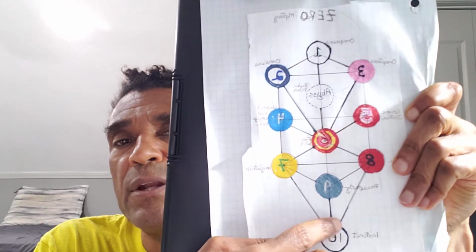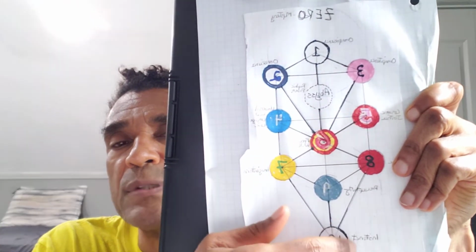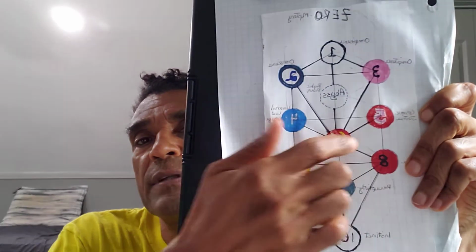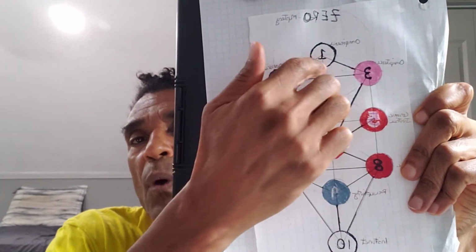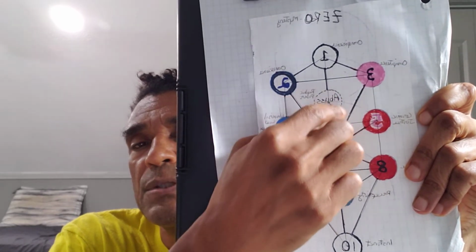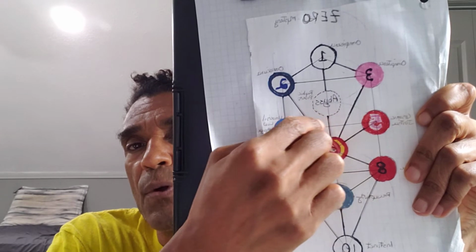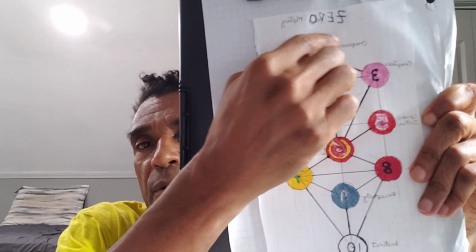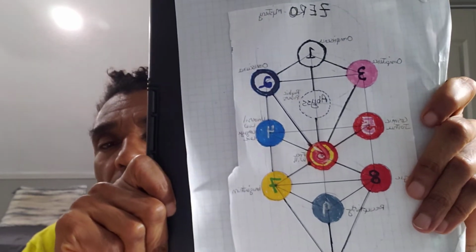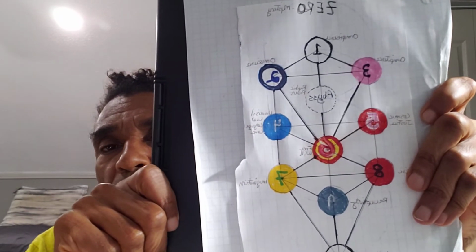So it's got 10 different circles or spheres that are numbered 10, 9, 8, 7, 6, 5, 4, 3, 2, and 1. Then there is a thing here called the abyss, which is an implied circle or sphere. And then there is a 0 above the tree. So 12 different major components to the tree.